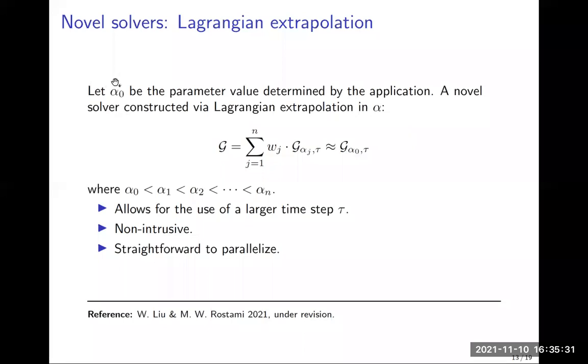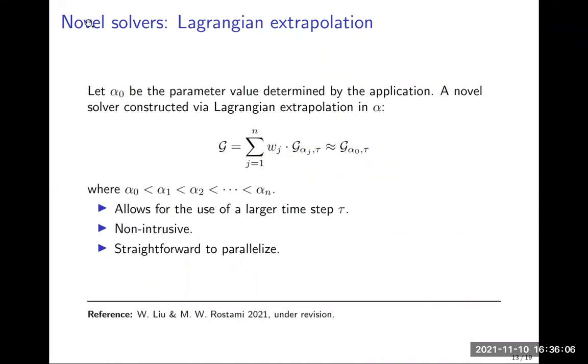Remember, this alpha 0 can be a number of things: fluid viscosity, stiffness of the springs, thickness of the structures, and so on and so forth. And there's always a value that's the right value, which is dictated by the application, okay? But remember, we also would like to take advantage of the fact that if you disregard the physical meaning and just view this as a regular parameter, you could change it in order to get better performance. So this is what we're trying.